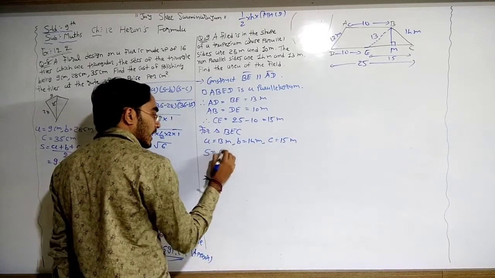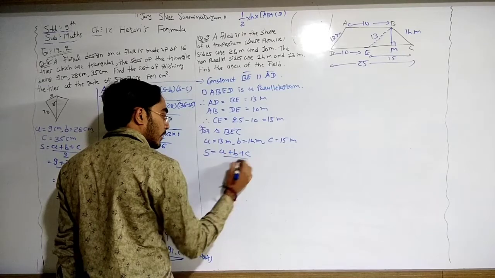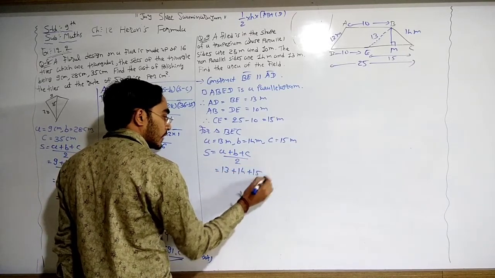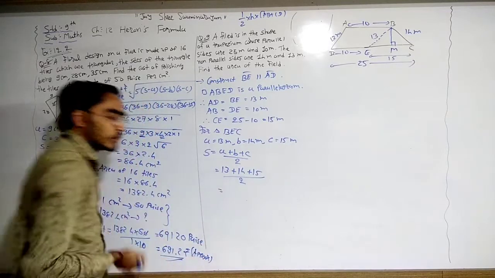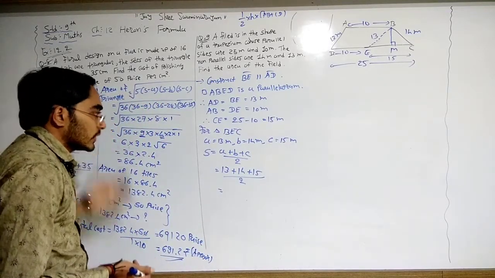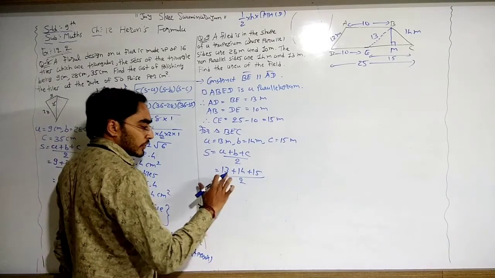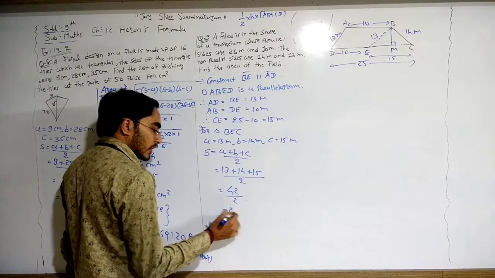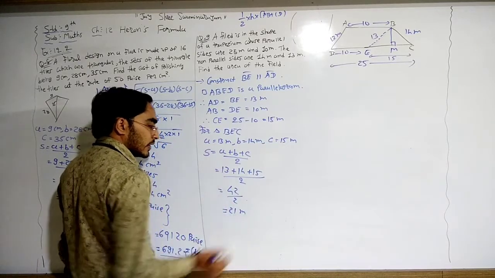Now semi-perimeter s is a plus b plus c by 2, 13 plus 14 plus 15 divided by 2. So 14 plus 13, 27 plus 15, 42 divided by 2, 21 meter.